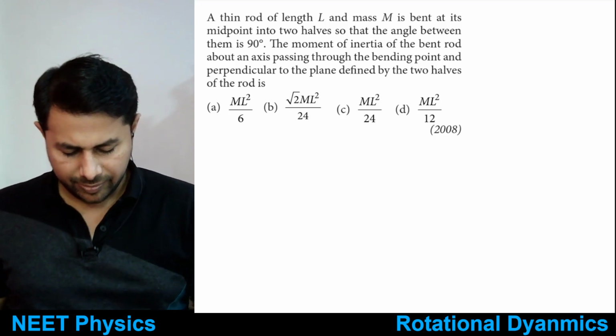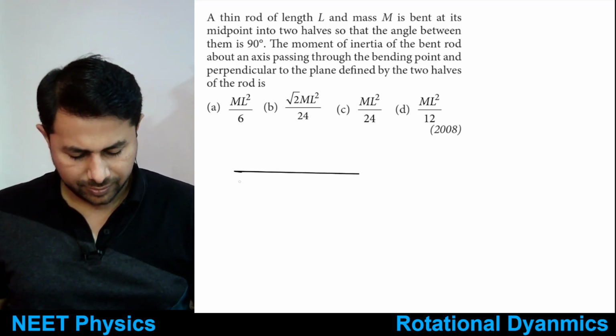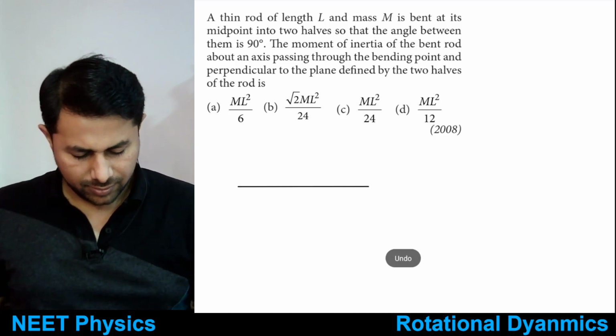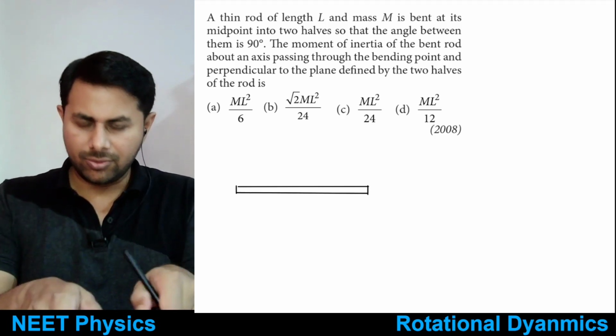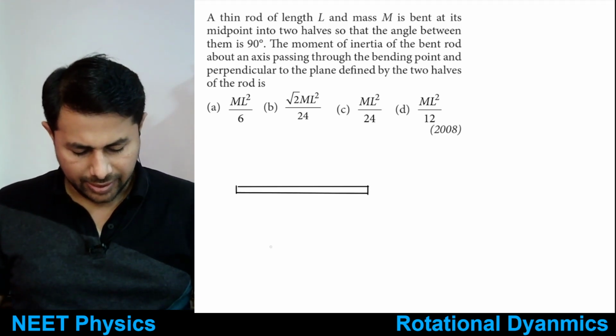You take a rod like this and you bend it into two halves, okay, at 90 degrees.